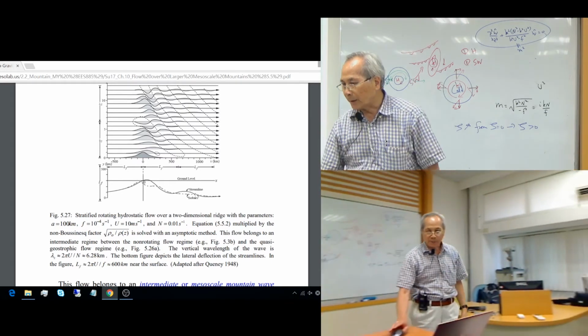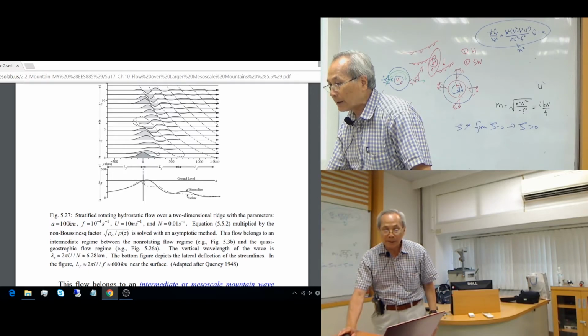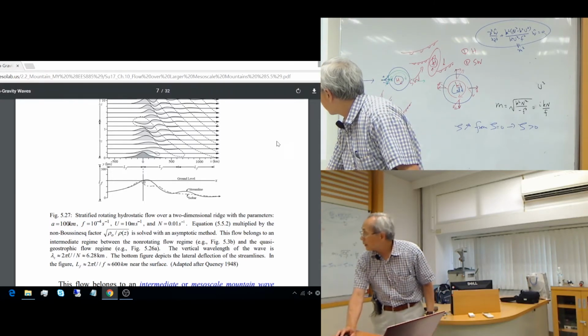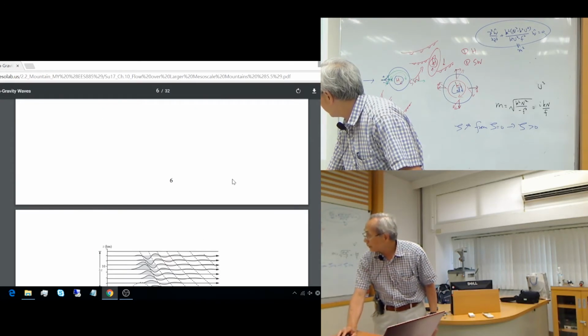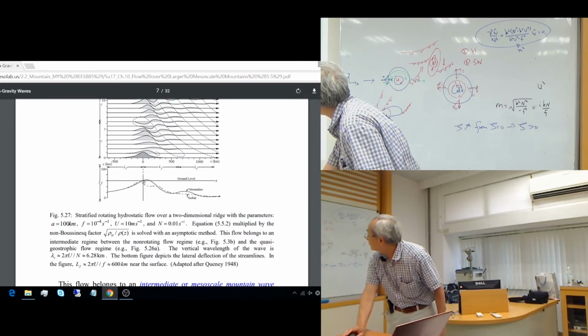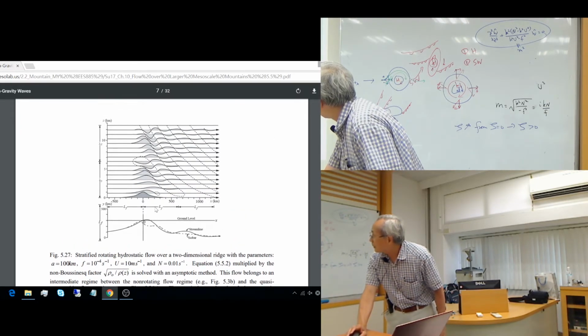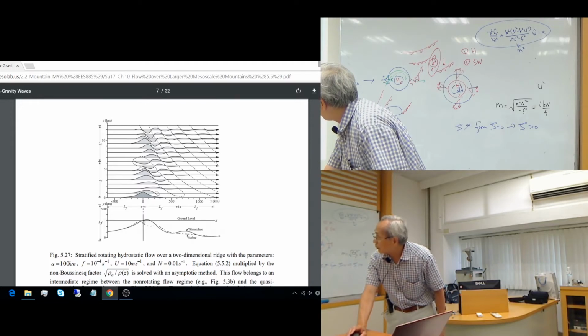For the rotating flow, we still can see this upward propagating wave. Kind of difficult to control.